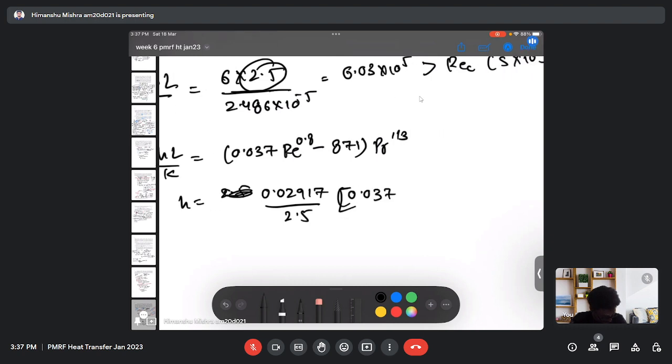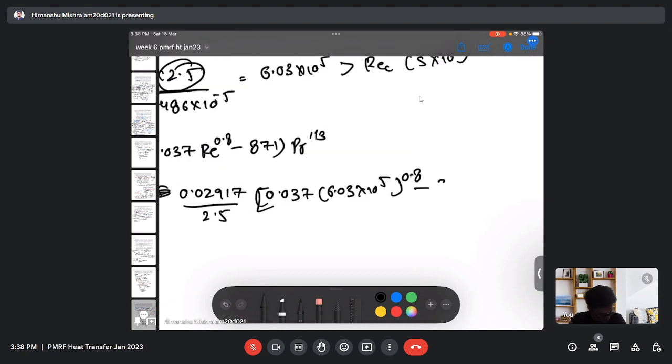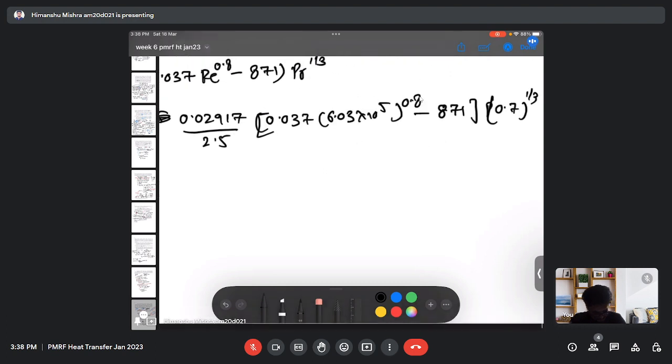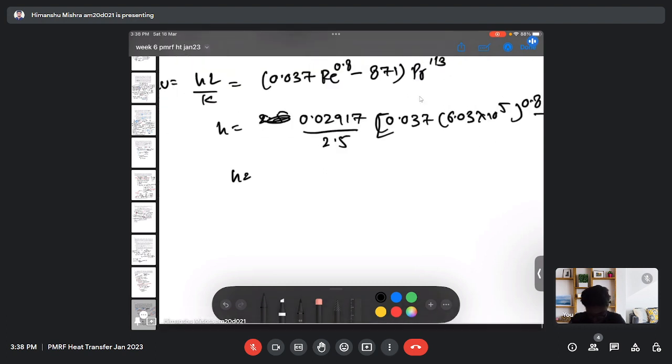My Reynolds number is this. And my Prandtl number is unchanged. So my modified heat transfer coefficient now is 7.17 watt per meter square Celsius.